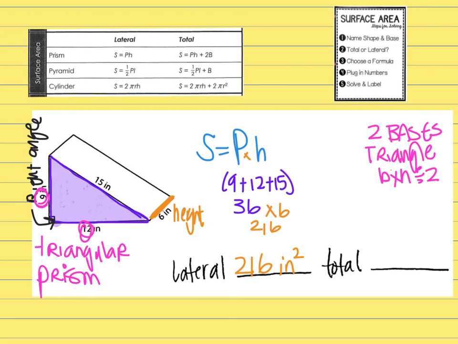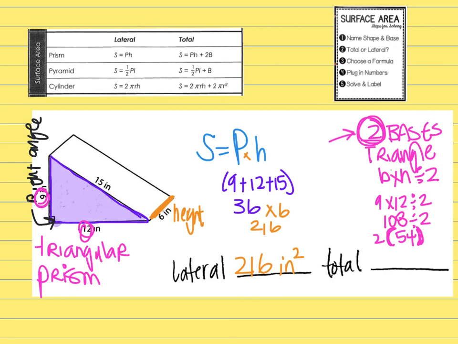So I'm going to do 9 times 12 divided by 2. So 9 times 12 is 108 divided by 2. This would make 54, but remember I have 2 bases. So if I needed to do 2 of those, it would just get me back to 108.